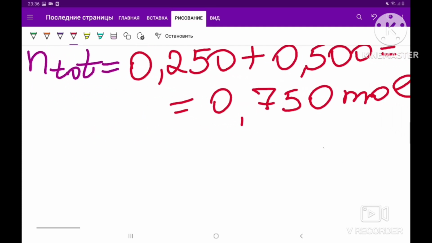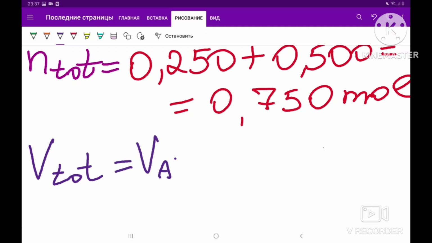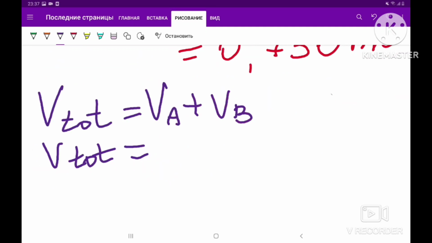What we do on the next step, we have to find the total volume, the volume of A plus the volume of B. In the condition, it was given that A is 65 milliliters.